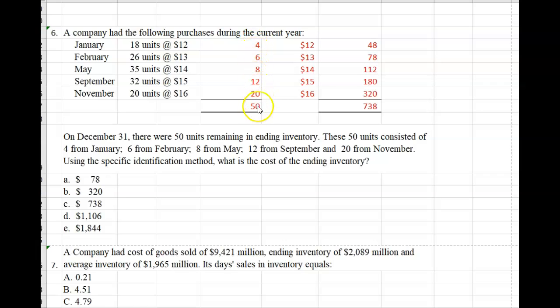So here's the quantity of items unsold in ending inventory at December 31st. Multiply those across, and the ending inventory under specific identification was $738. So the answer is C.